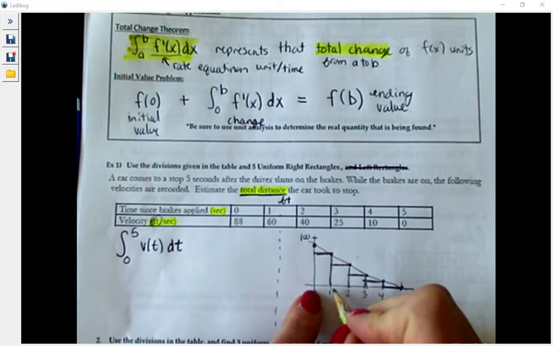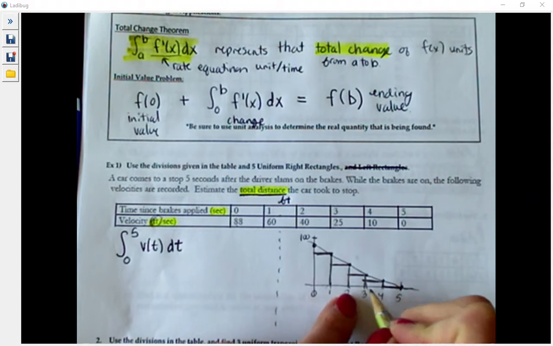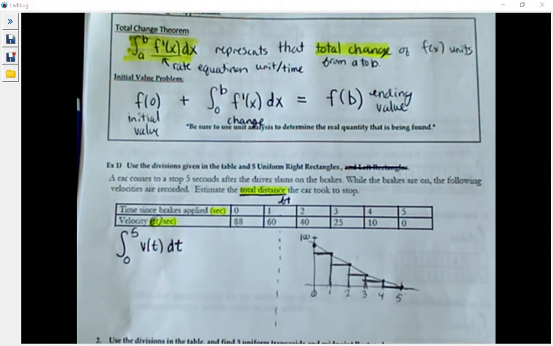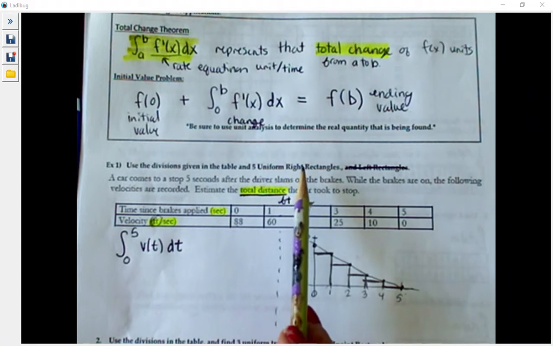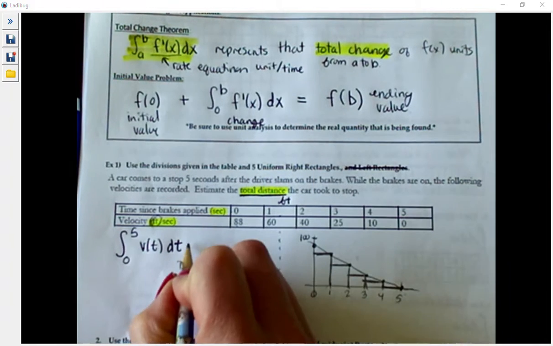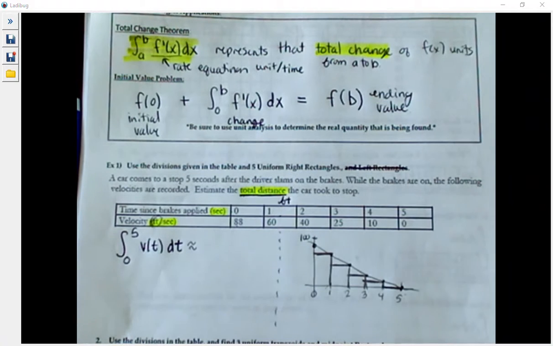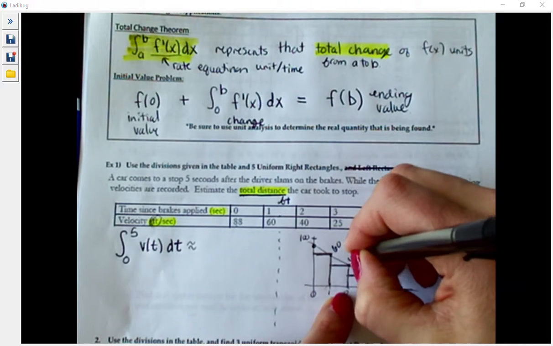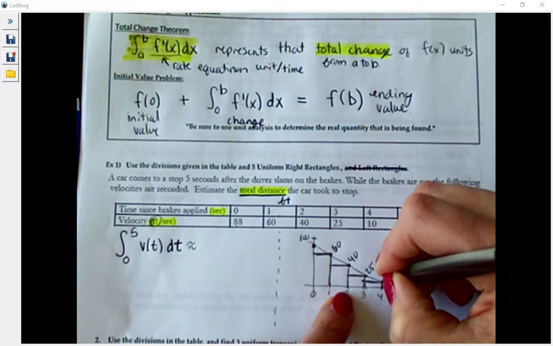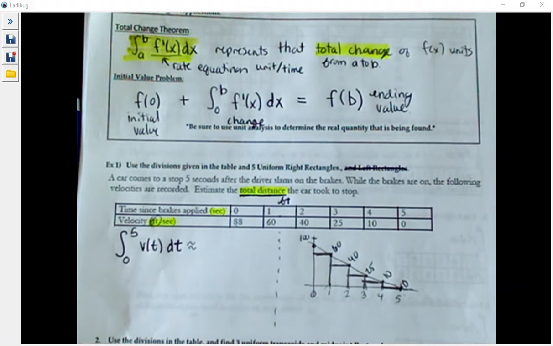Uniform width, are they all the same width? Yeah. So I followed the directions: I have 5 uniform width right rectangles. Now do your calculation. I'm not actually looking up any values on my calculator. It's just a picture that's given to me, and I have the coordinates: 60, 40, 25, 10, and 0. Those are my y coordinates. They're already in the table.